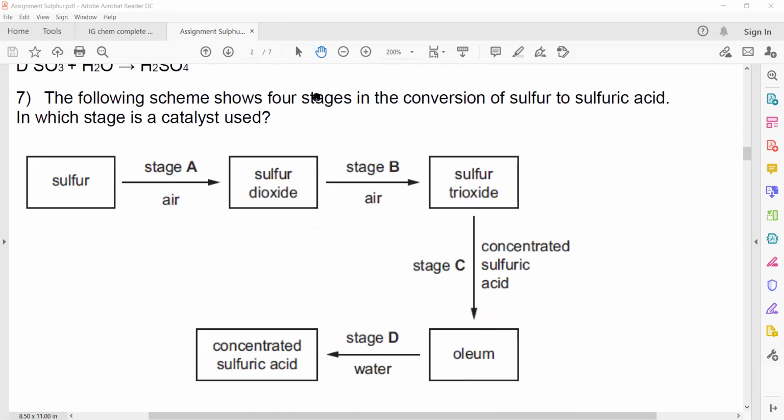Question 7. The following scheme shows the 4 stages in a conversion of sulfur to sulfuric acid. Which stage is a catalyst used? So stage B, basically we are using a catalyst when we try to manufacture sulfur trioxide.